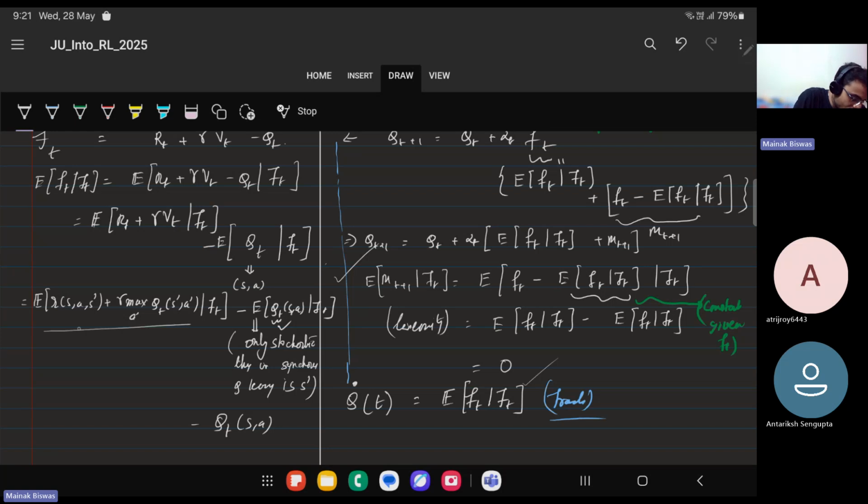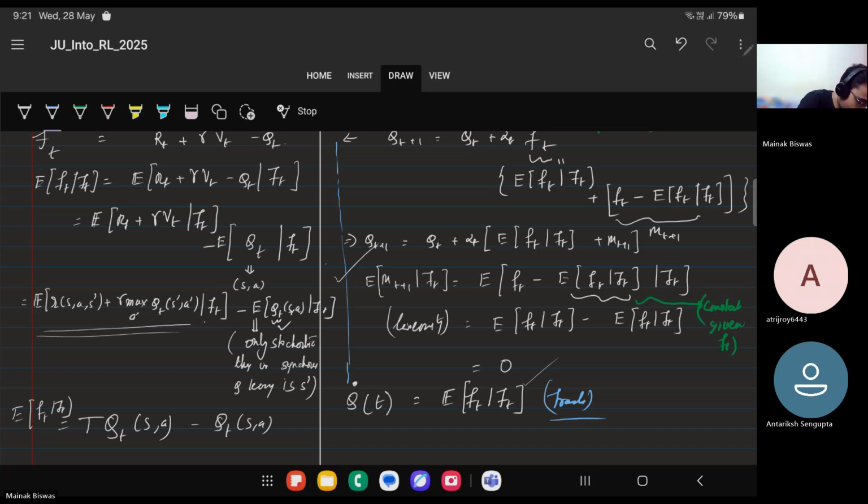Now the first term, do you see? It's the operator. It's the Bellman operator. Yes, it is. It's TQt at S comma A. Yes or no? This is how we define the Bellman operator.